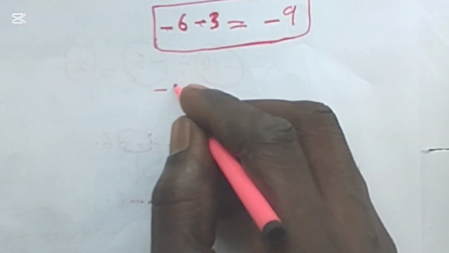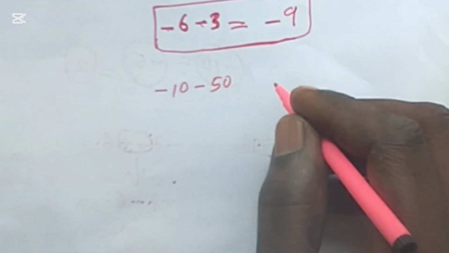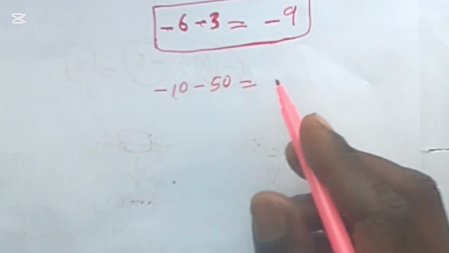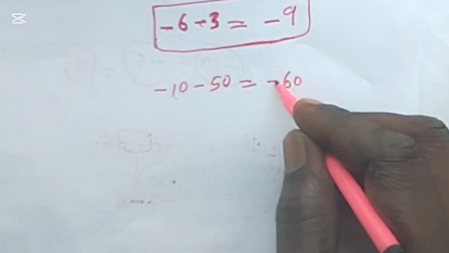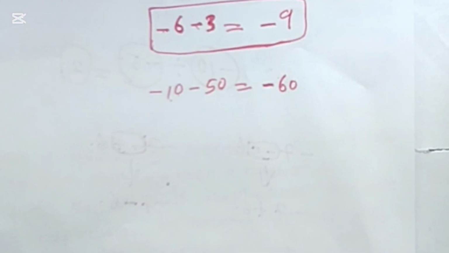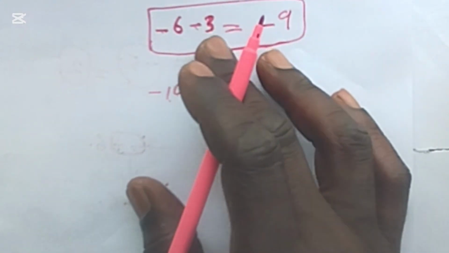For instance, you have minus 10 minus 50. It still follows the same pattern. What you do is that you add the figures. In this case, you get 60, but you retain a minus sign at the front. So this is what you can extrapolate to every other situation. Just know that when you have this kind of situation, the rule tells us what to do.